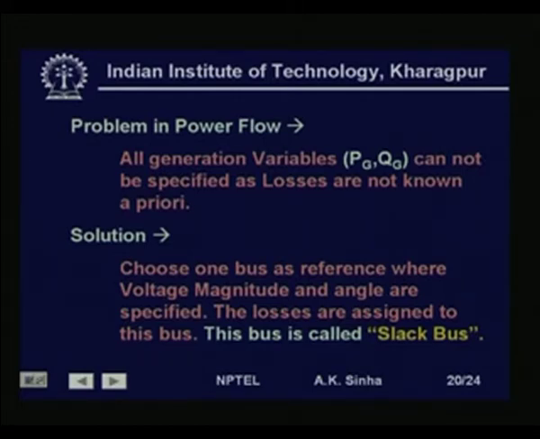Since the angle has to be specified, we normally choose an angle equal to 0, and therefore, the voltage angle at all other bus bars will be related to this bus bar's angle. So, this bus bar can be seen as a reference bus bar where both voltage magnitude and angle are known or specified.